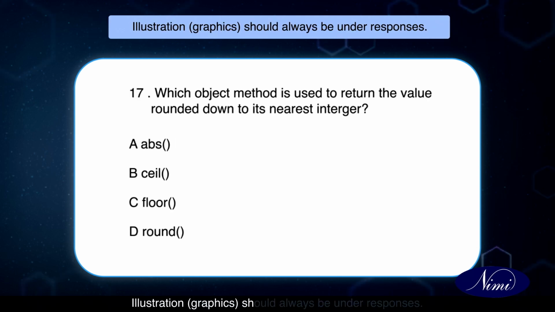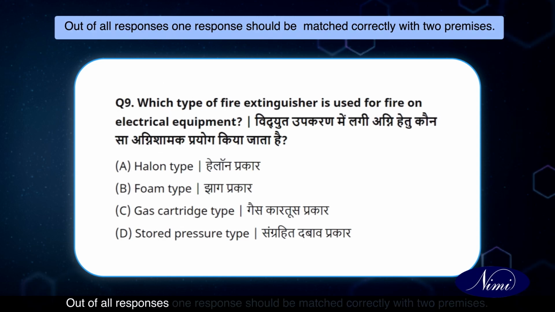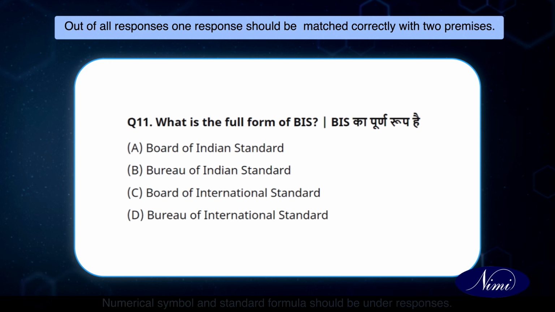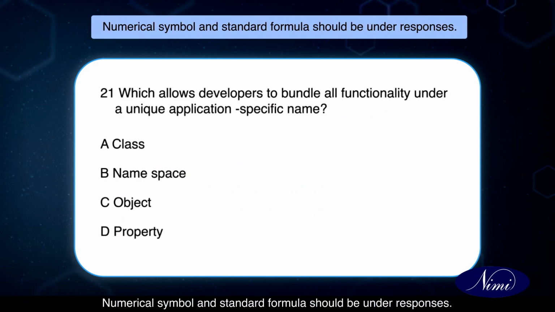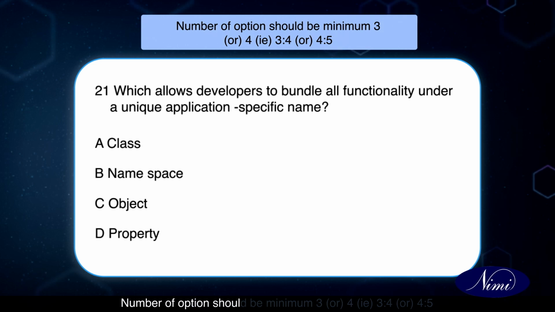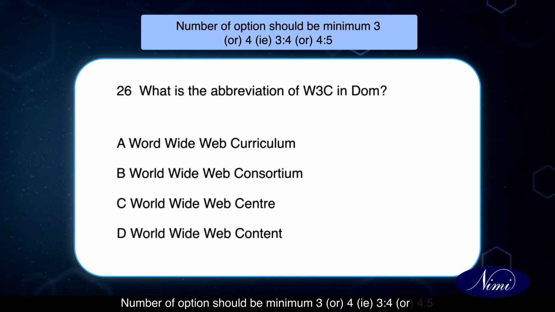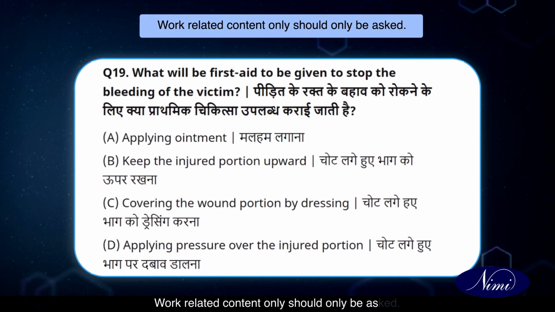Illustrations and graphics should always be under responses. Out of all responses, one response should be matched correctly with 2 premises. Numerical symbols and standard formulas should be under responses. Number of options should be minimum 3, that is 3:4 or 4:5. Only work-related content should be asked.